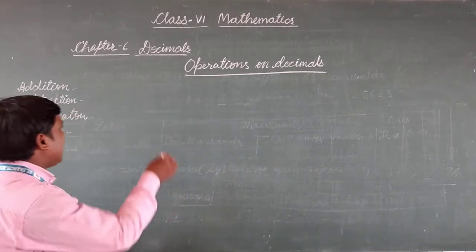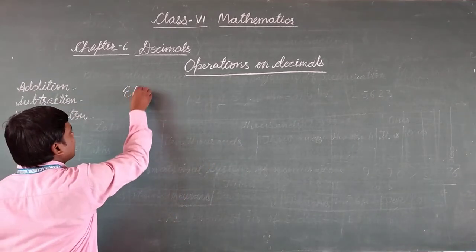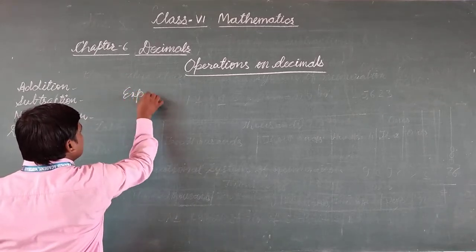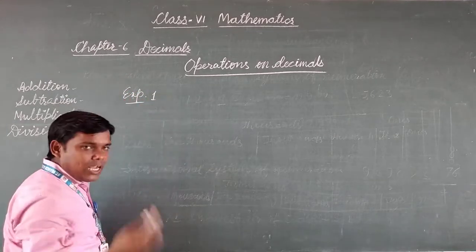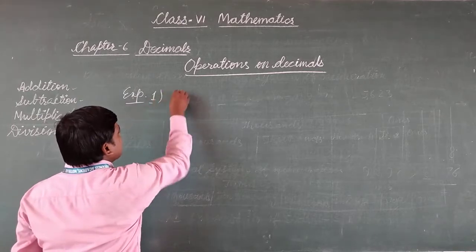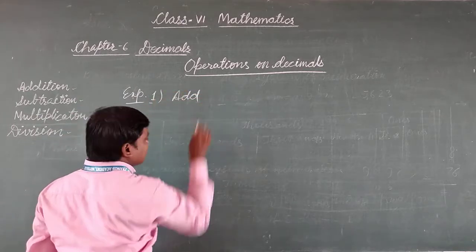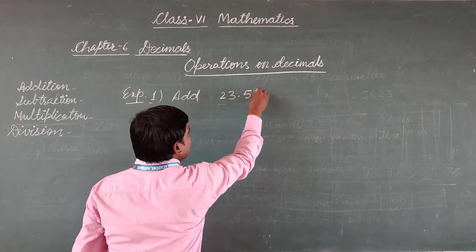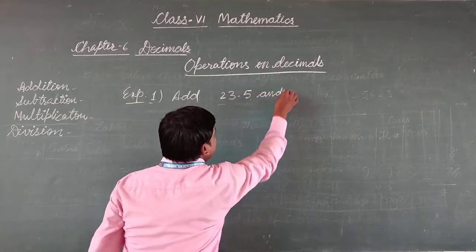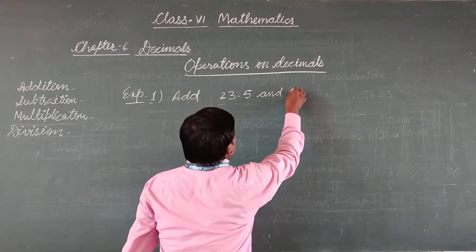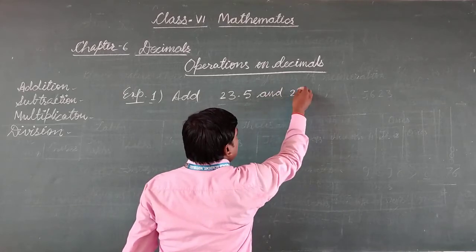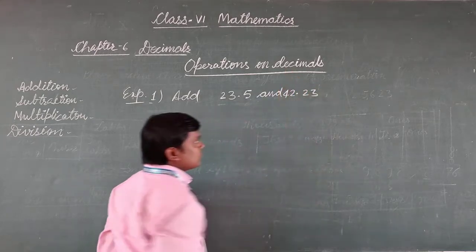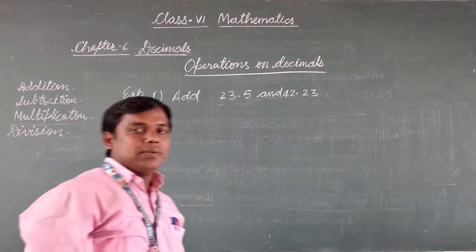Example 1. Suppose we have to add two numbers, 23.5 and 42.23.